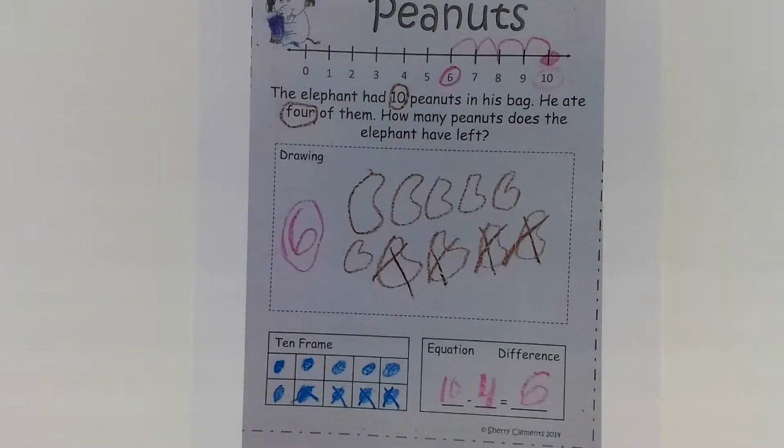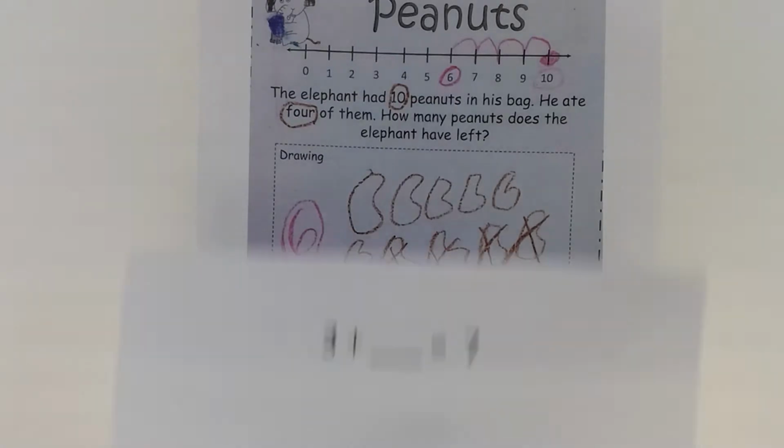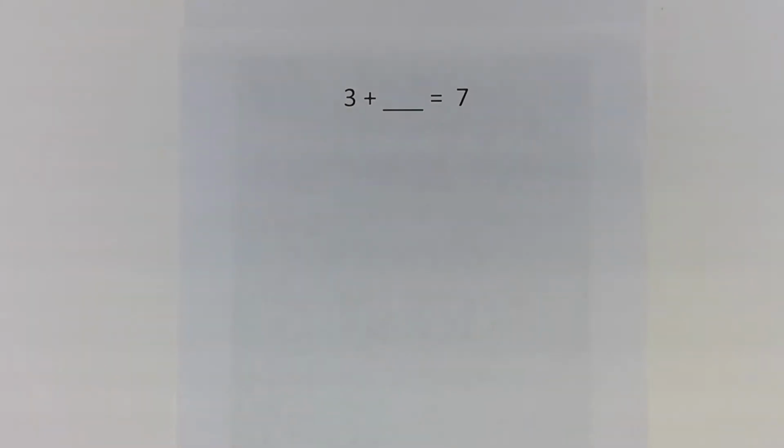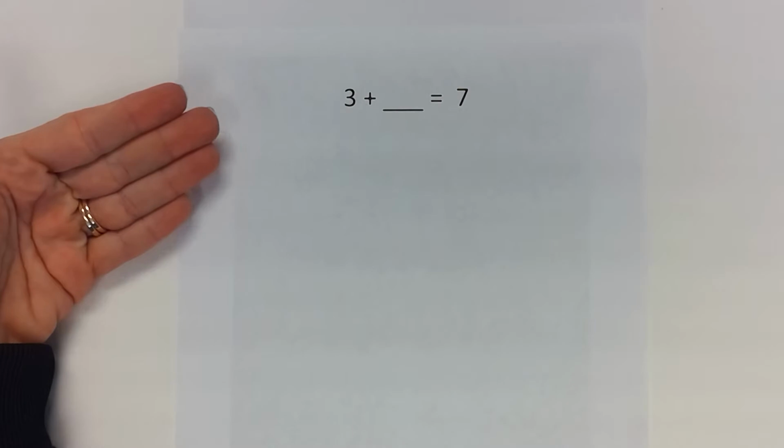Students will also be working on generating a word problem from a number sentence. So if students are just given this number sentence, 3 plus something equals 7, we would want them to create a story that represents this problem.